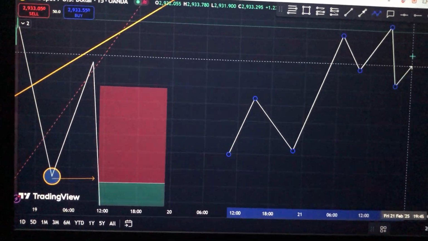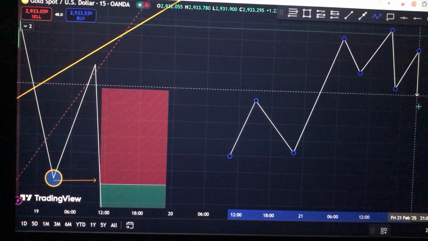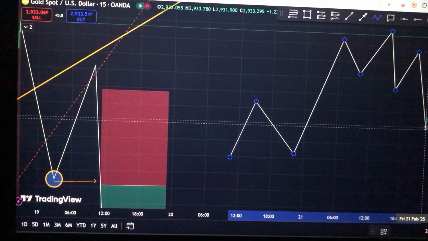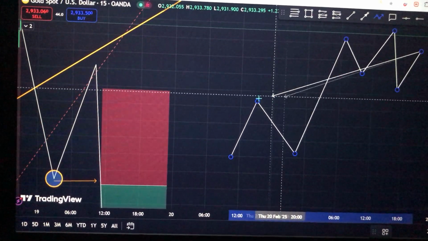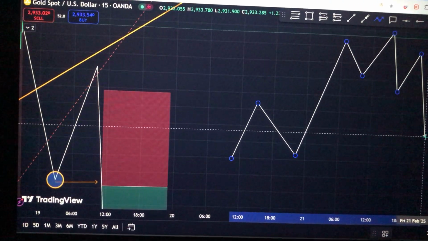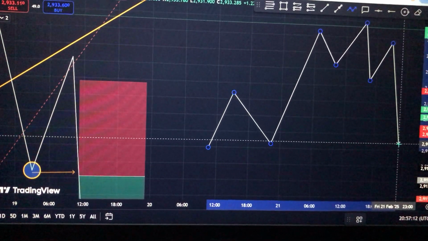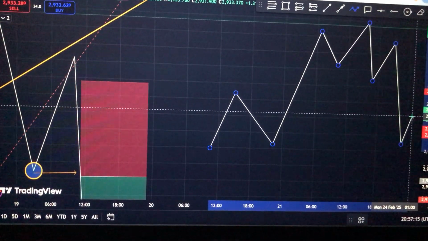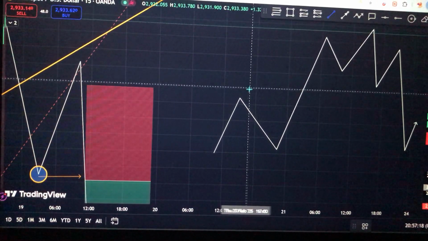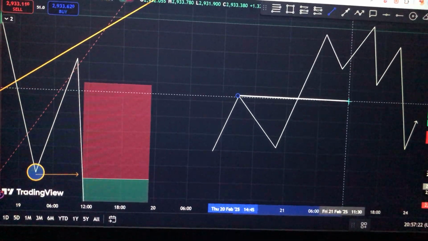price might go to the upside like this and then come back to touch or pass this high. Usually this is how gold moves. It might do like this, and this is where I usually mark my white line like this.